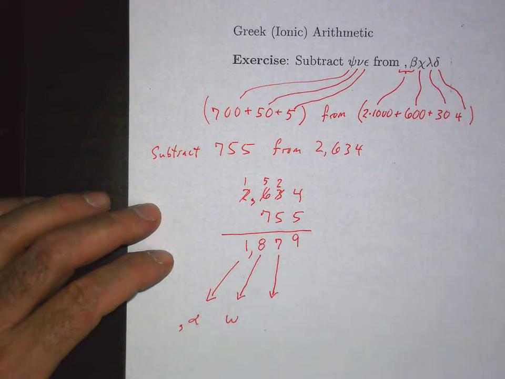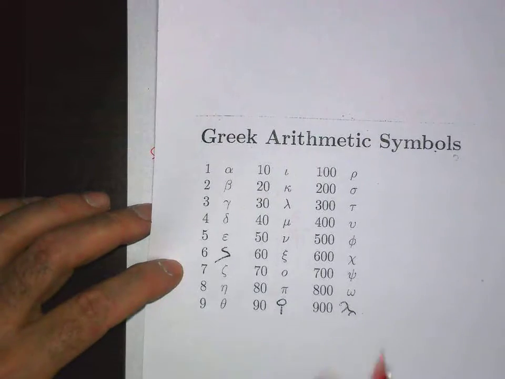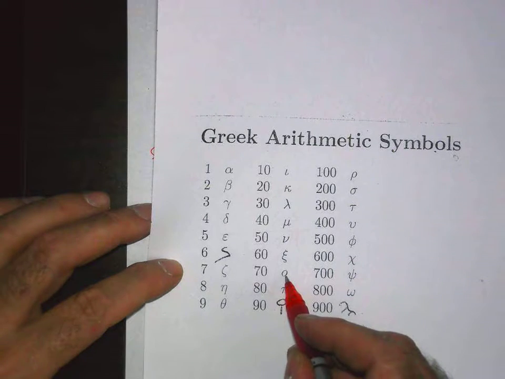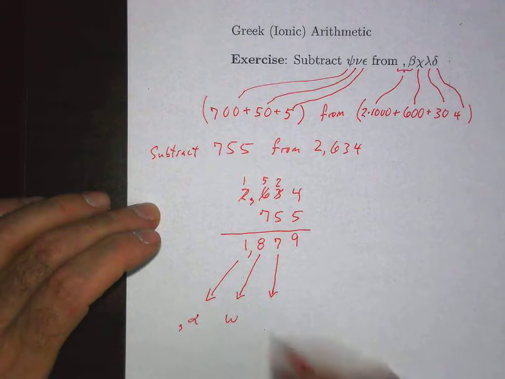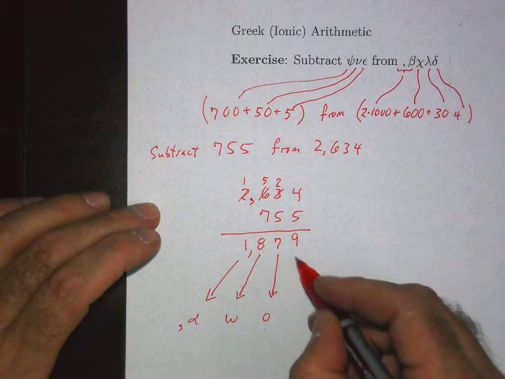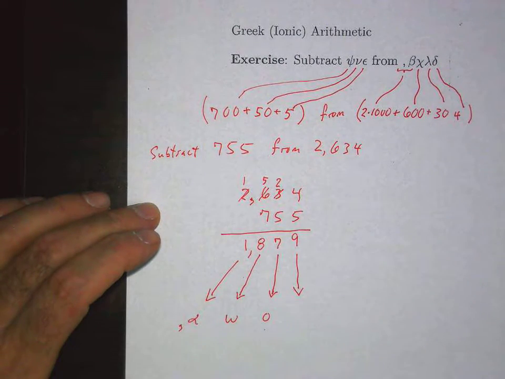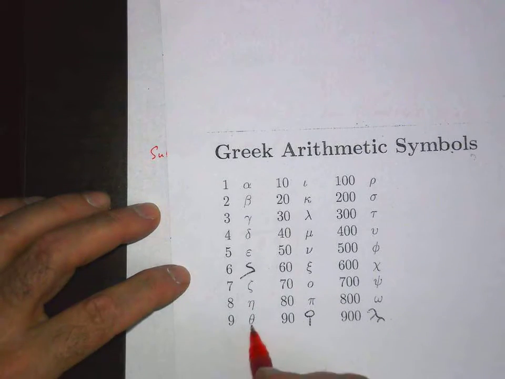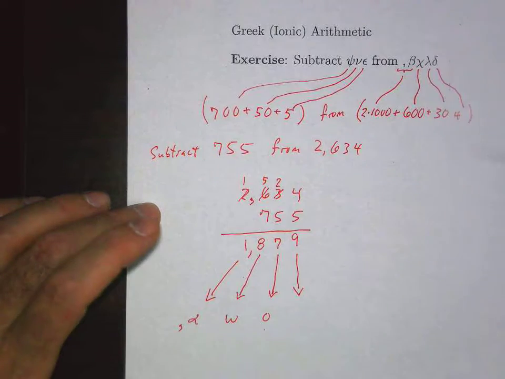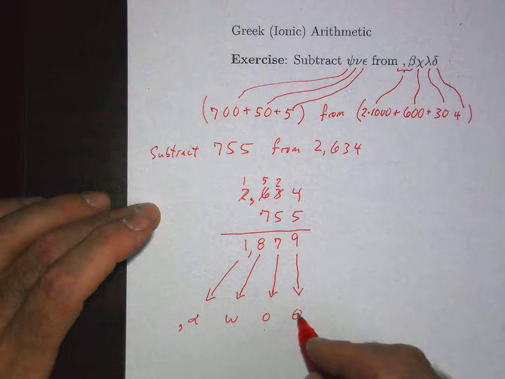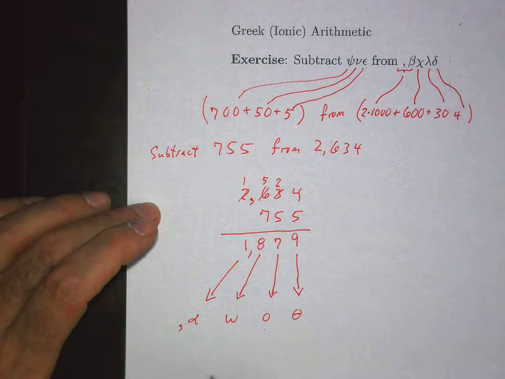Then we have 70. 70 is omicron. And then finally 9. What is 9? 9 is our good friend theta. So our answer: alpha with an accent mark to the left, omega, omicron, theta.